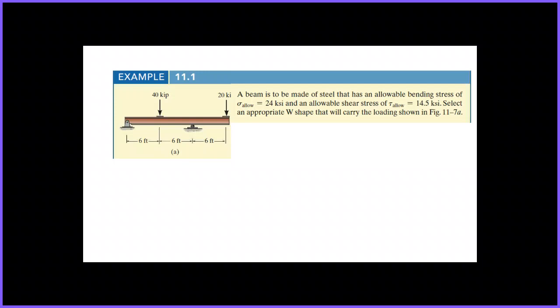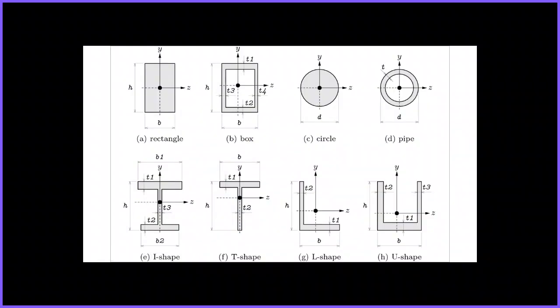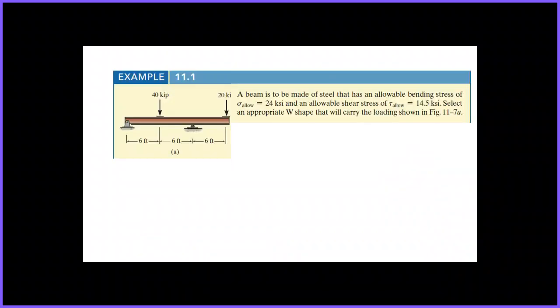This is the W shape. Let me show you which one is the W shape. So this is the I shape, known as W shape. We need to select a W shape that will carry the loading shown in this figure.